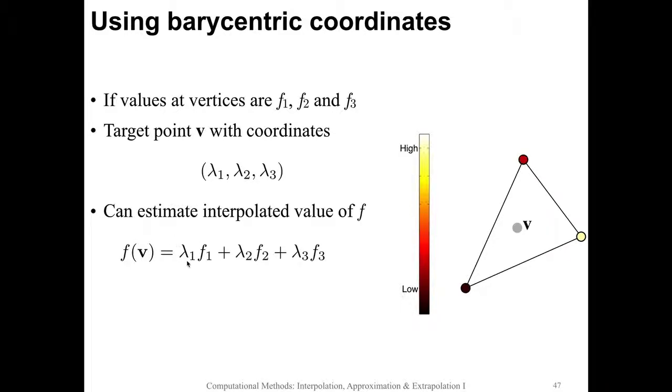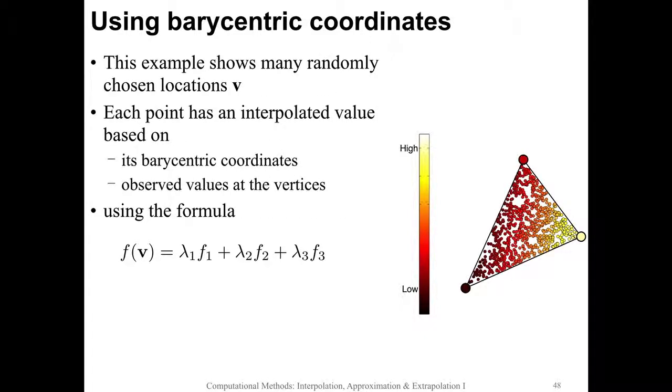So this time our three scalar values of lambda are being multiplied by the three scalar function measurements, to give us an estimated interpolated value at the position of V.